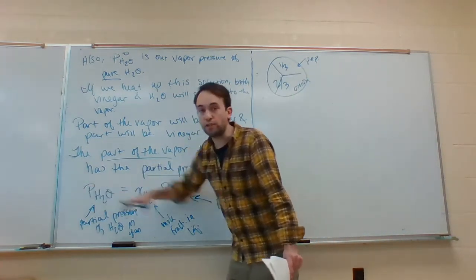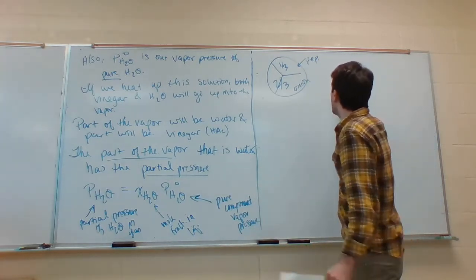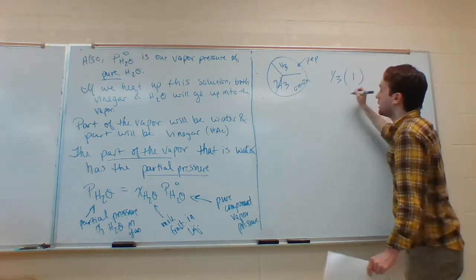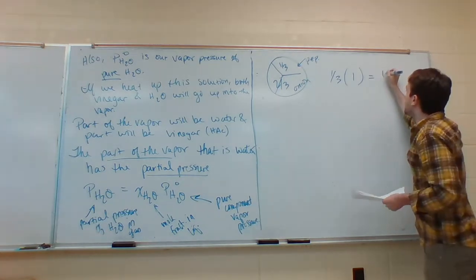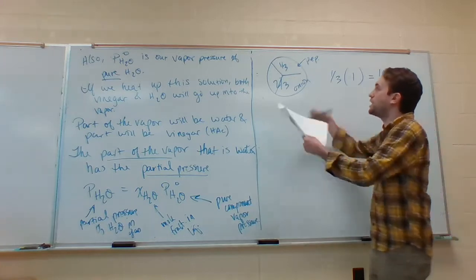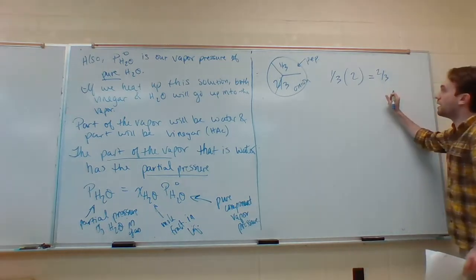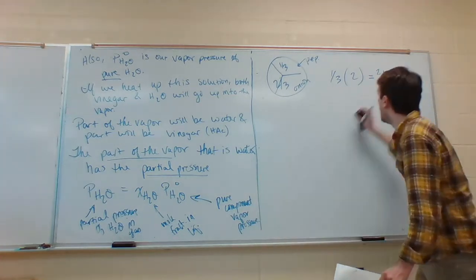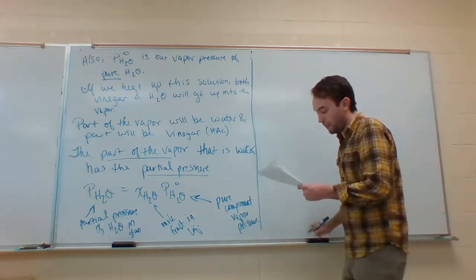If I wanted to know the part of the pizza that was pepperoni, I'm going to take 1/3 of whatever it would be if it were pure, one whole pizza. So that means that my part of the pizza that was pepperoni is 1/3. Okay? If I had 2 pizzas that were this way, then the partial amount of the overall is going to be 2/3. Now, don't think about that too much, because I think it'll make more sense when we do a real example. All right?